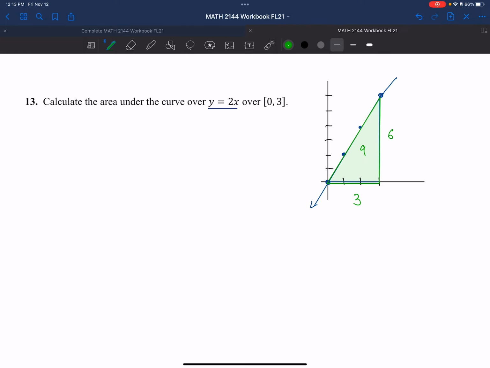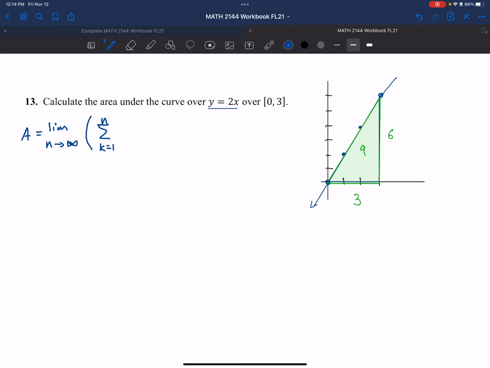What we're going to do is have the area equal to the limit as n goes to infinity. And what we're going to need to do is sum from k equal 1 to n, where this n is going to be how many rectangles we have, and we're going to let the n go to infinity.